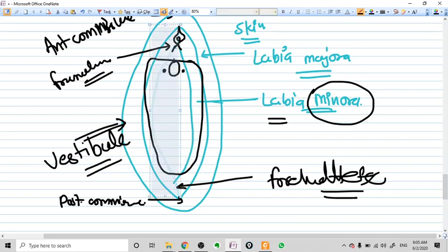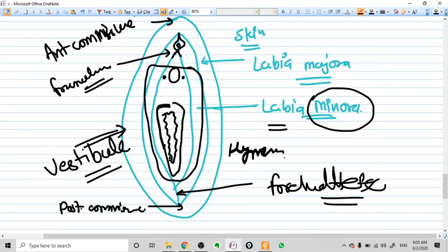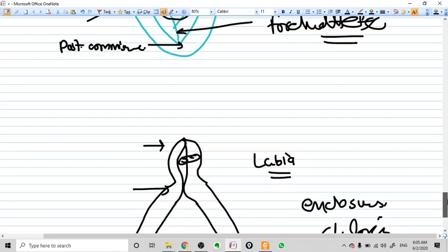And my friend, this membrane is called the hymen. And this hymen is nothing but a fold of mucous membrane. So this is how you understand the chronology of these structures.